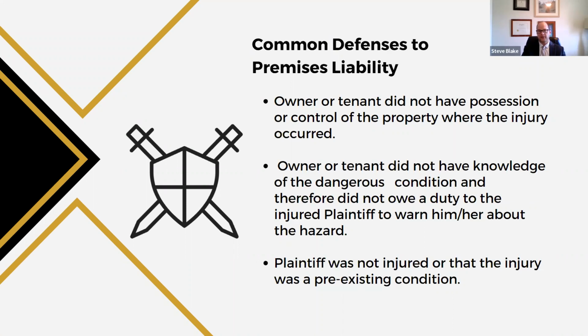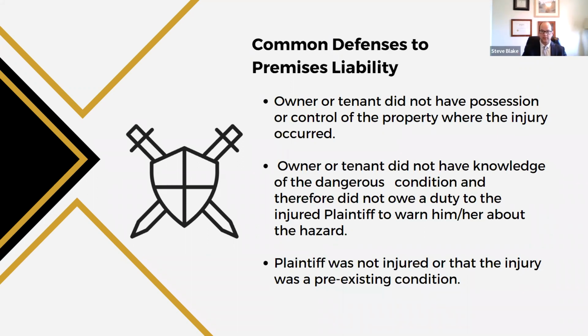And then another defense could be that the plaintiff was not injured or that this injury was a pre-existing condition. For example, maybe it's not disputed that yes, the sidewalk was broken and yes, this person tripped on it and fell, but they weren't injured. And we've examined their doctors and they haven't found any permanent injury or anything like that.